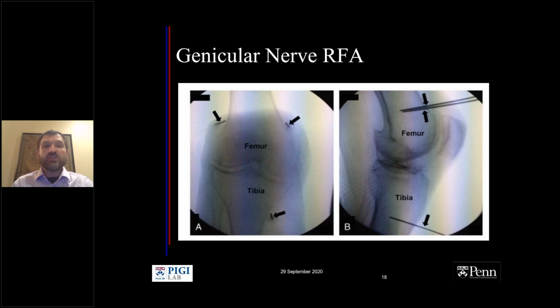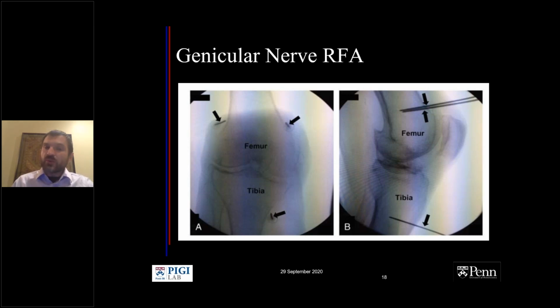And so you basically place your little needles in, at the metaphysis of the femur, at the medial and lateral side, and then along the medial side of the tibia, also at essentially the metaphysis. And you're injecting, again, some combination of a neurolytic agent like bupivacaine, as well as a steroid.